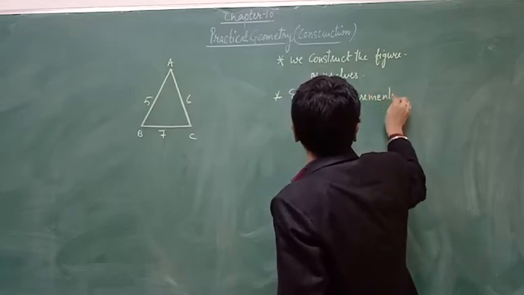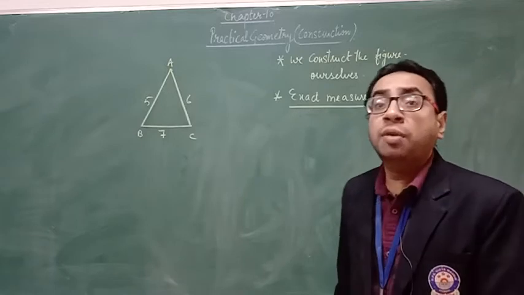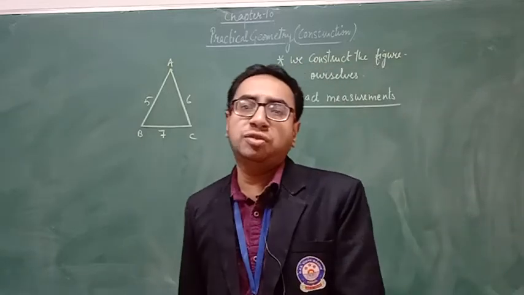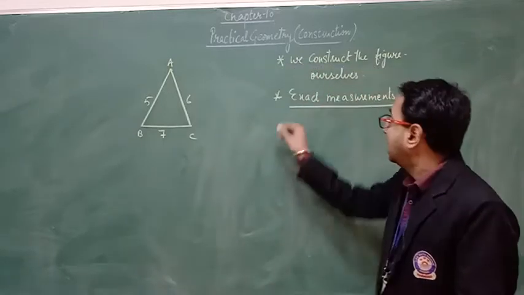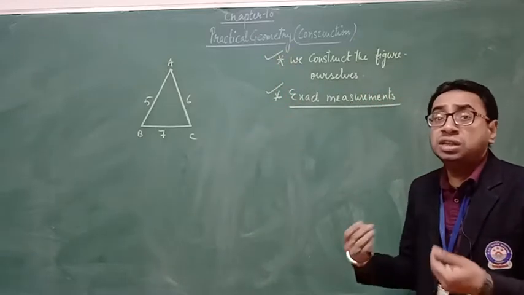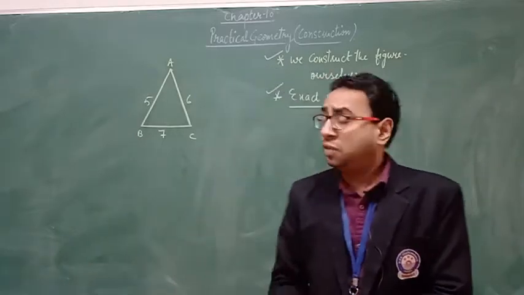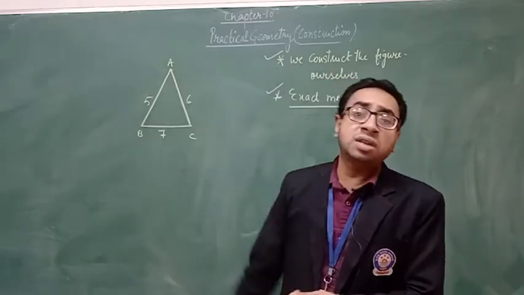So in construction, the figures are drawn keeping in mind the correct or exact measurements. That's a very important point: the exact measurement, and we construct ourselves. It means we are not dependent on anyone else to draw the figure and then we solve. Basically, we construct the figures ourselves.